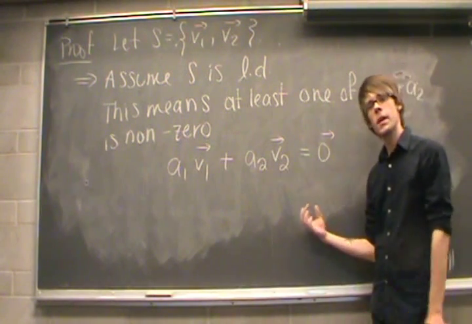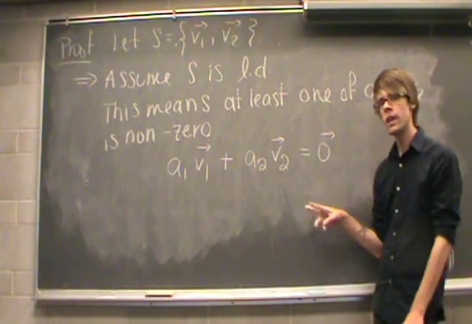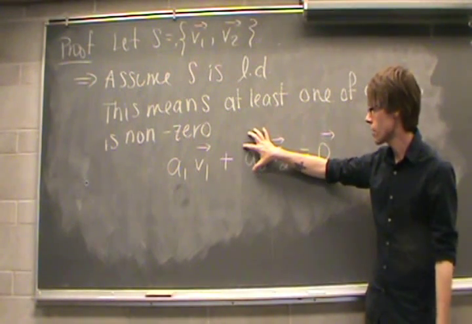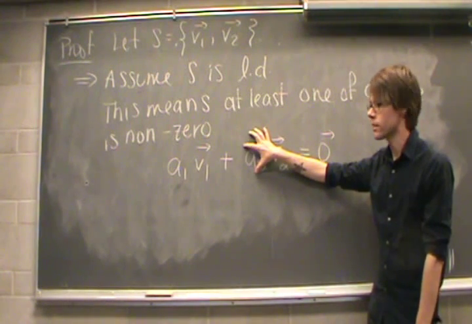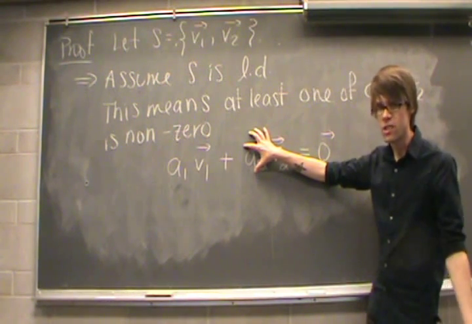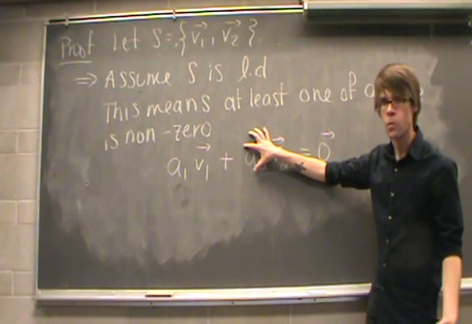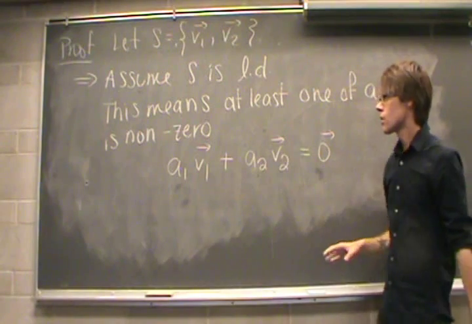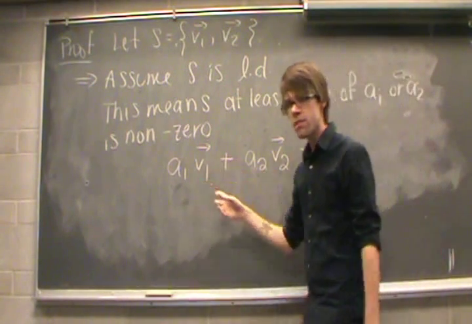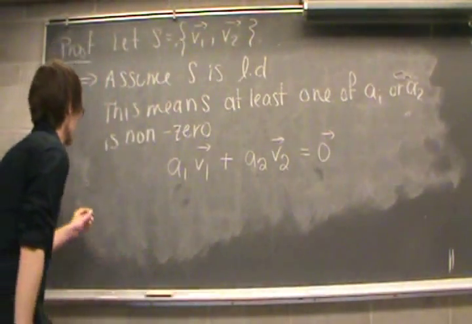So what we have to do is break this up into two cases. If a2 is 0, we get that a1 v1 is equal to the 0 vector. So v1 is really just the 0 vector. And we know from Theorem 1 that we're going to have a linearly dependent set. So we're going to consider the case where both of these are actually not equal to 0.